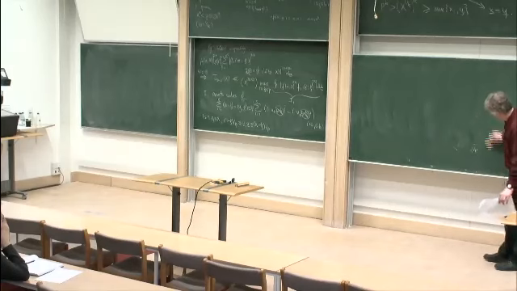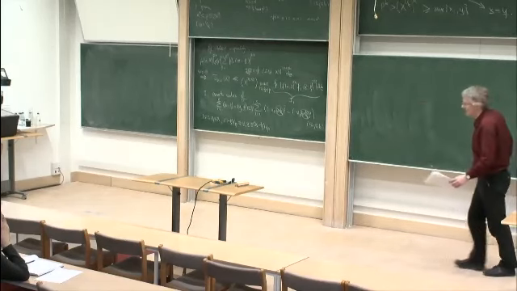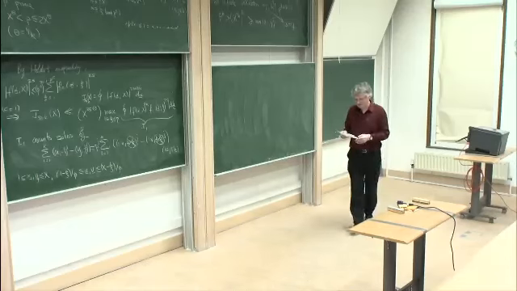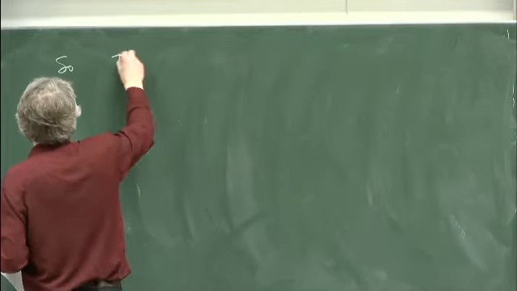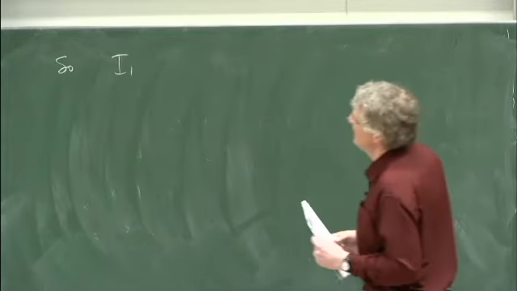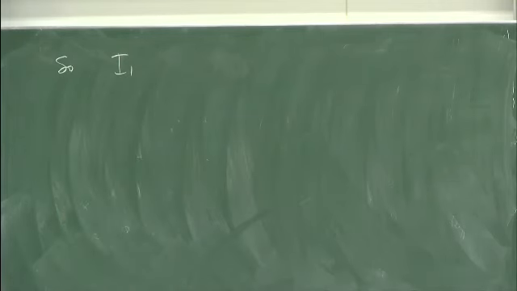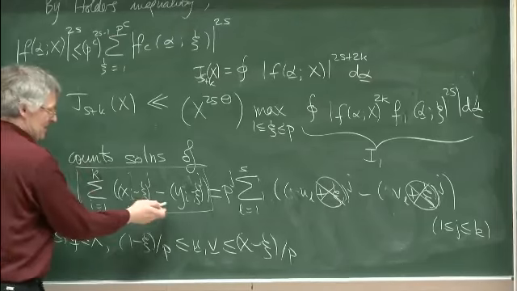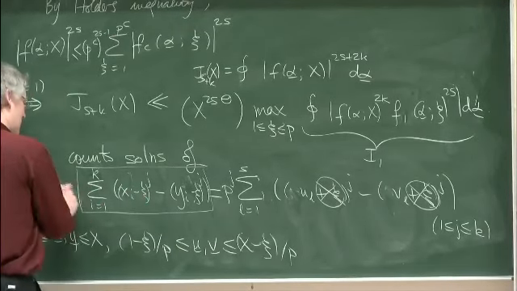And if you choose your prime appropriately, larger than x to the 1 over k, but not much larger, then this forces a lot of the variables to be equal, sort of a diagonal structure. So, let's just see what this means for this mean value I1, which we were estimating. If these variables are all equal to each other, xi minus c is equal to yi minus c for each of the i's, then this becomes 0.